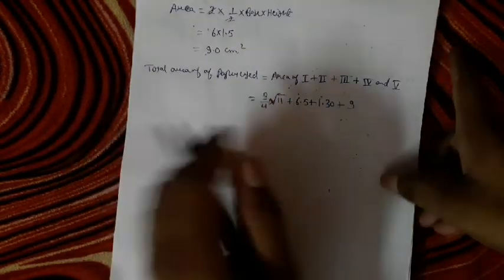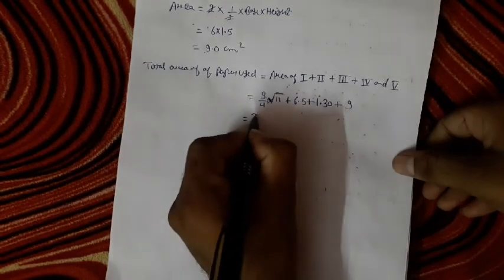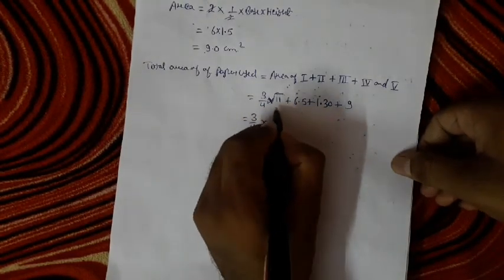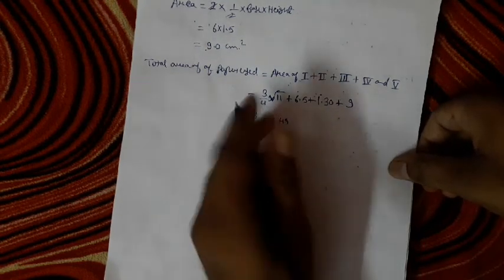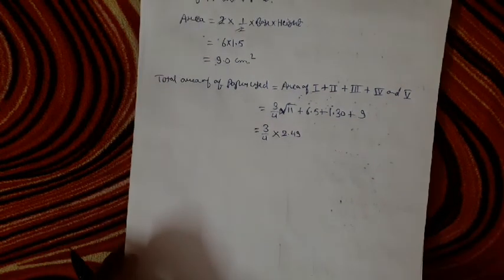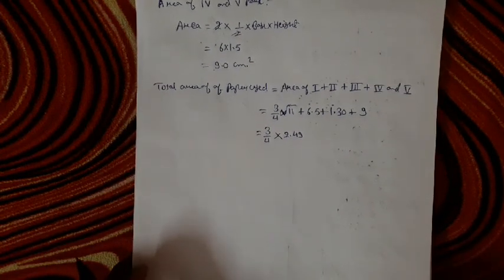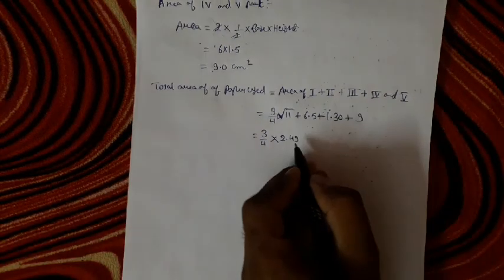Now 3 by 4 as it is, and the value of root 11 would be 3.32. How can you find the value of root 11? In the last session I showed you how to find the value of a non-perfect square number.